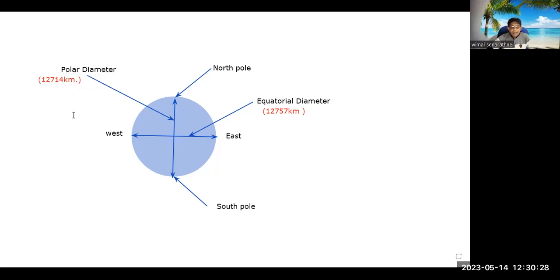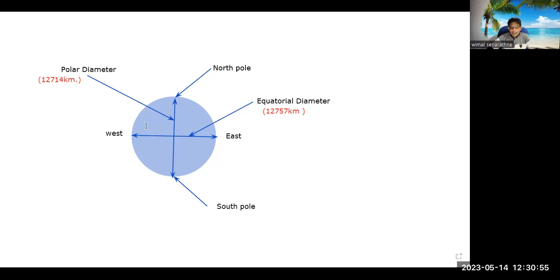Then from this length, you can understand that there is a difference between the equatorial diameter and polar diameter. Okay, the length of the equatorial diameter is 12,757 kilometers. Polar diameter is 12,714 kilometers.